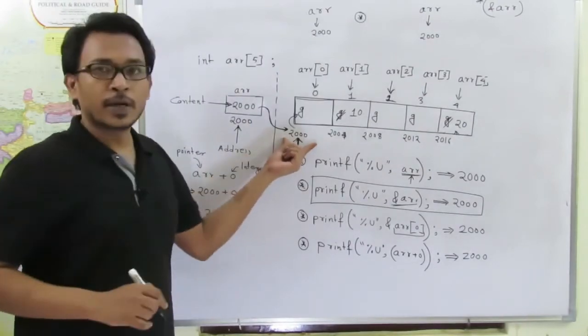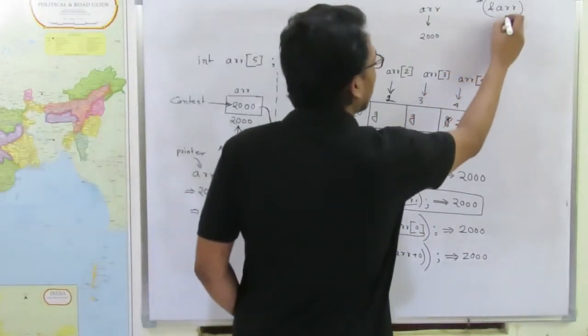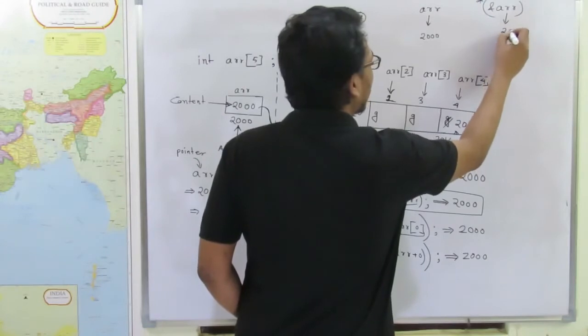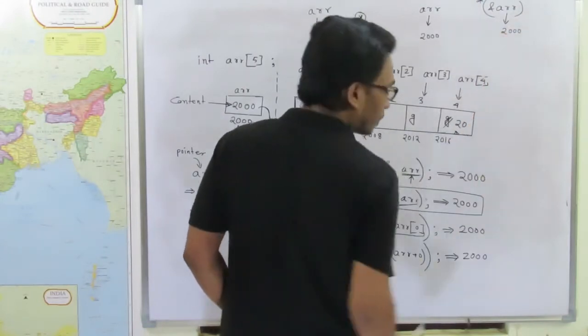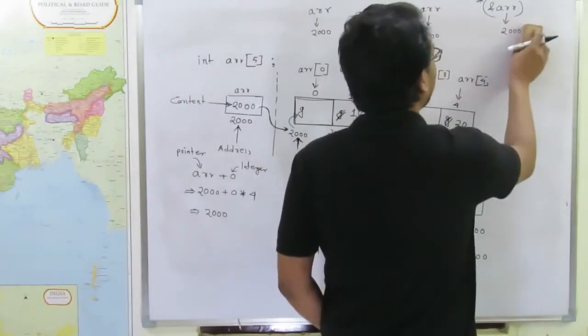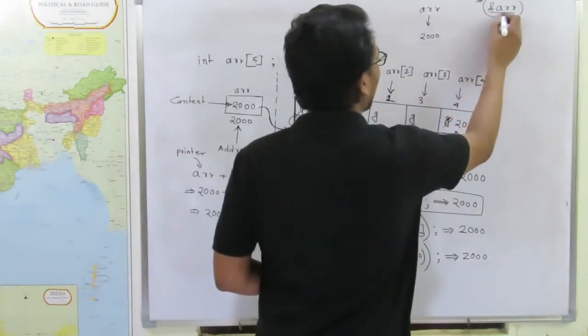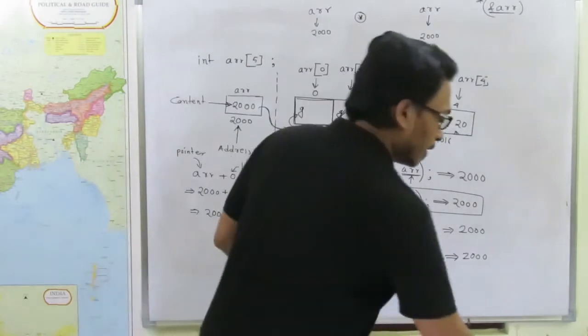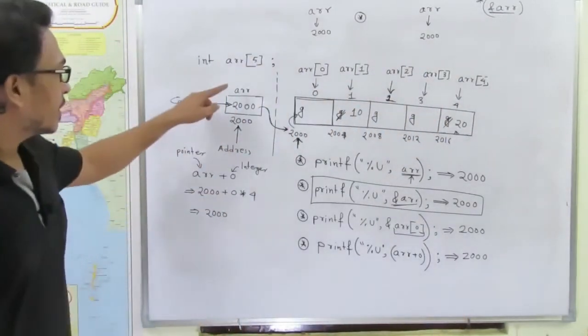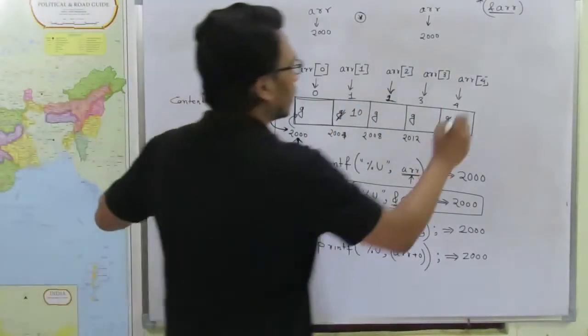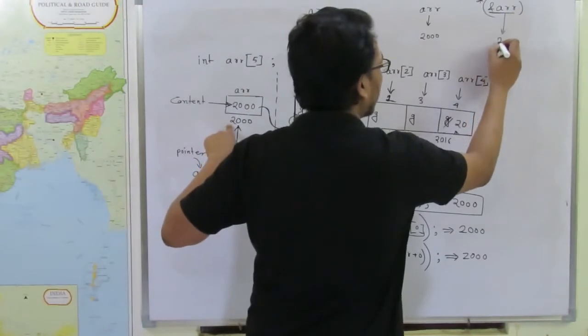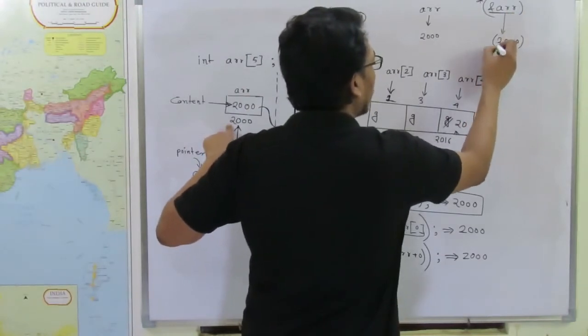Now coming to the next part. In this part the content of arr is 2000. Sorry, it will not give us the content, it will give us the base address of arr. Now what is the base address of arr? The base address of arr is 2000. So here we will get 2000.